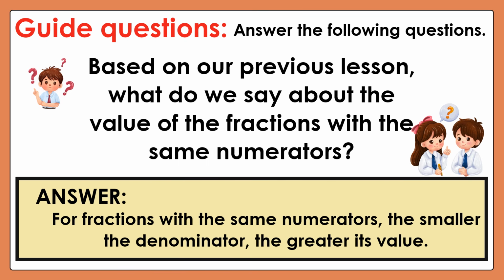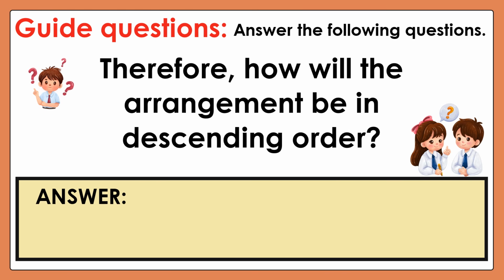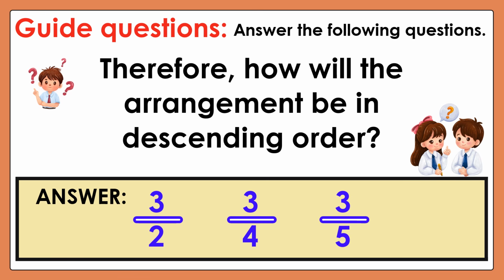The answer: for fractions with the same numerators, the smaller the denominator, the greater its value. Therefore, how will the arrangement be in descending order? The answer: 3 halves, 3 fourths, 3 fifths, and 3 tenths.